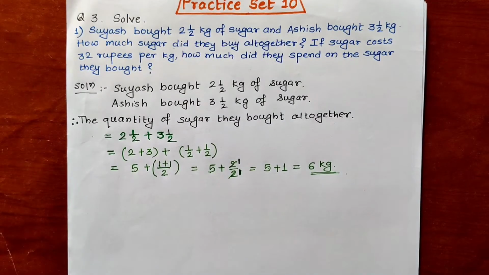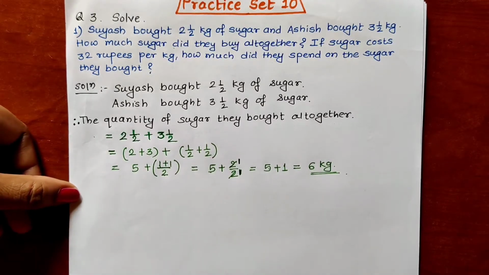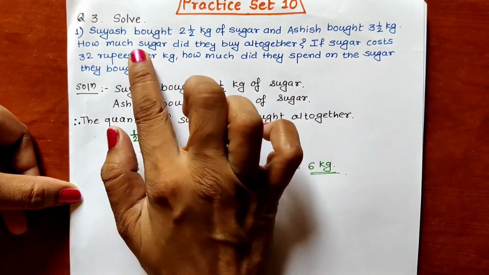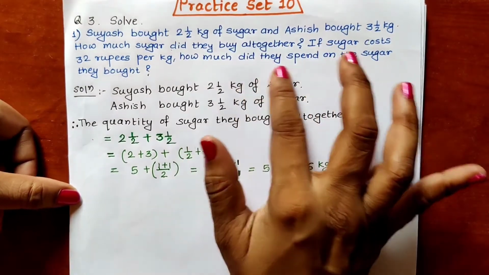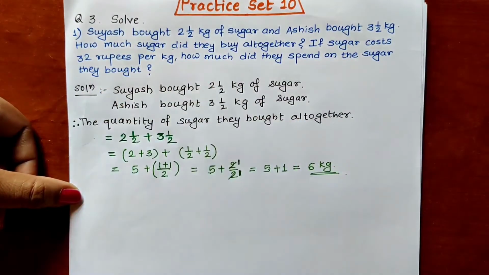Now next, what is given? We will be first writing the answer of this sentence. How much sugar did they buy altogether? So let us write the answer of this question, and then we will find out how much did they spend on the sugar they bought.